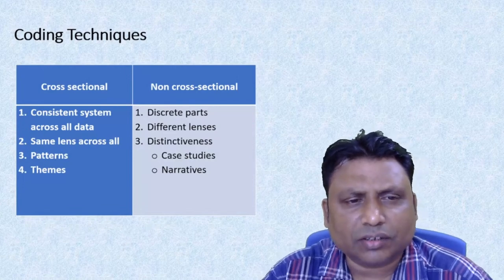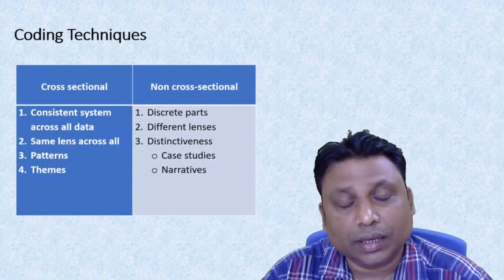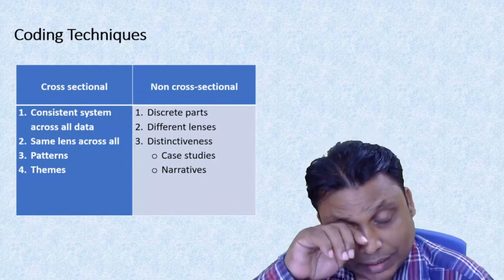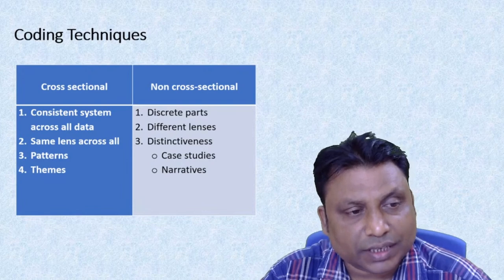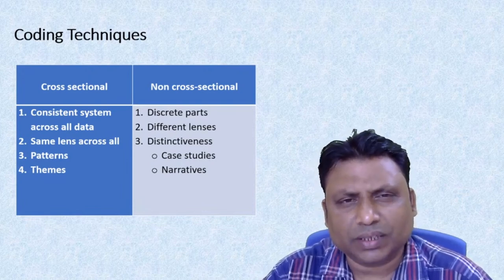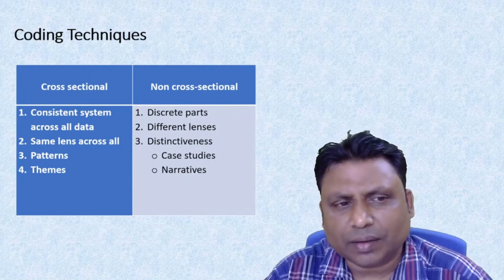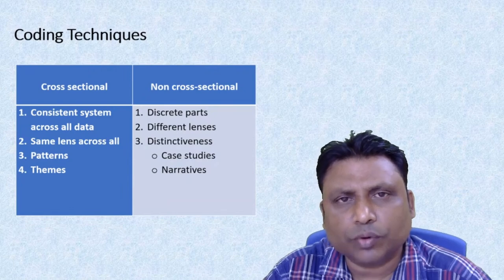Coding techniques: cross-sectional techniques and non-cross-sectional techniques. These two techniques we generally use in your software or in your statistical analysis for data analysis. Consistent, some lean across all patterns and themes. Sometimes this is given in your software when you analyze your data, so at that time this wording is given there, and you just have to click it.